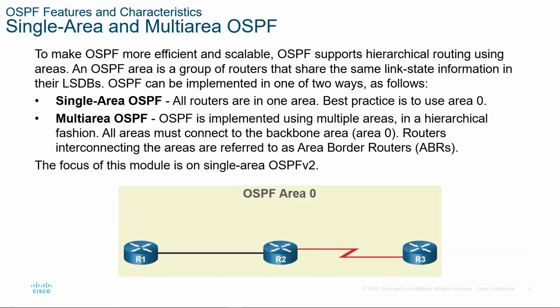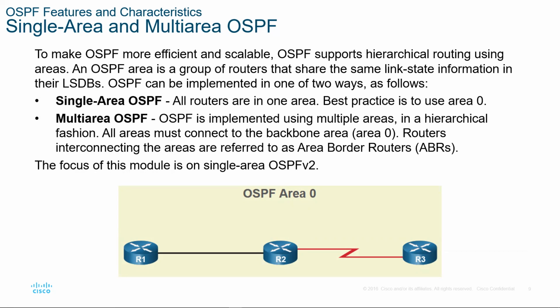So with this approach of scalability, we can build separate, discrete areas that function autonomously, in that all the routing information is shared within its area between all the devices within the area.